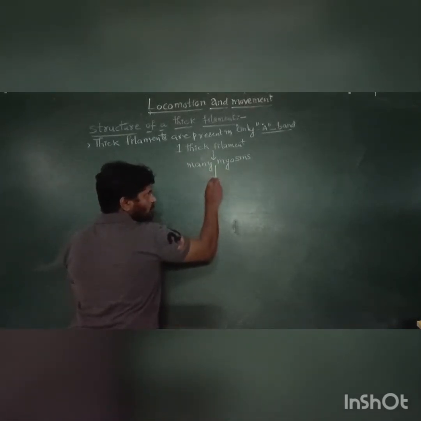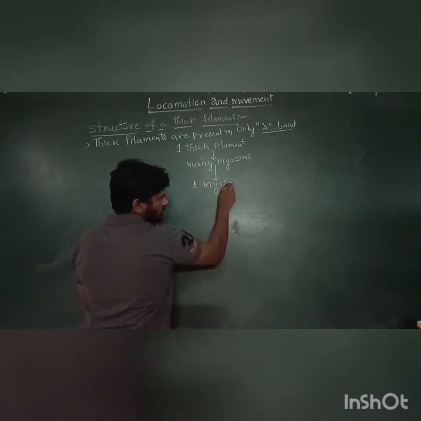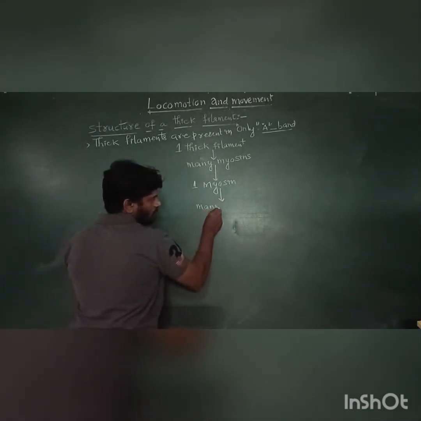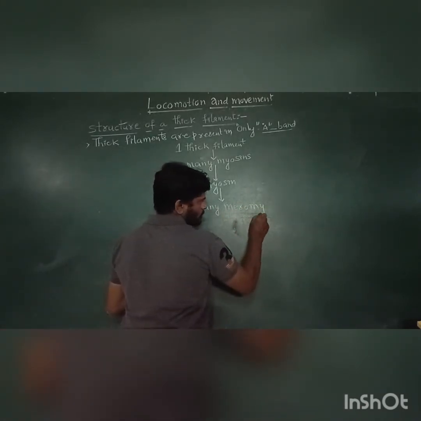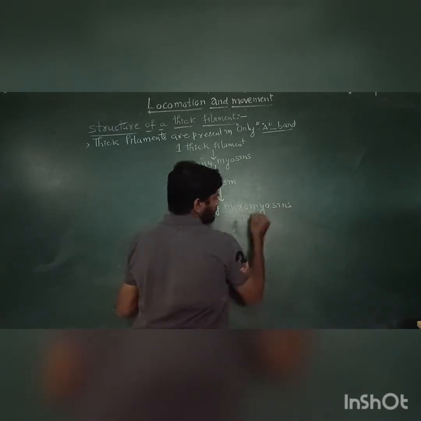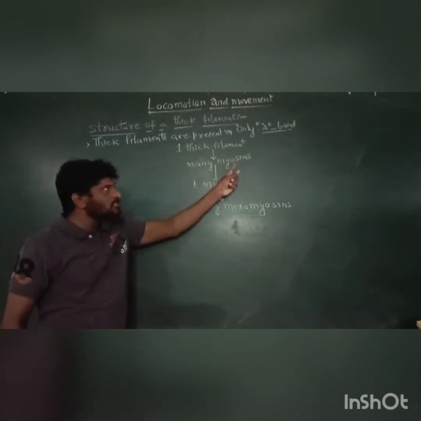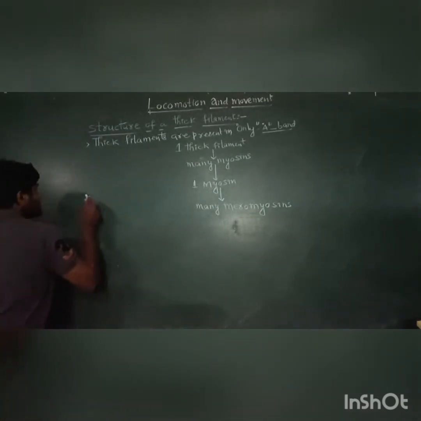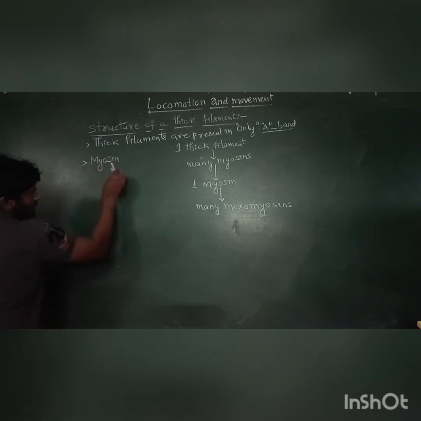One myosin contains many meromyosins. Therefore, this is the hierarchy: one thick filament contains many myosins, and one myosin contains many meromyosins. My conclusion is that in a thick filament, myosin is the polymer.